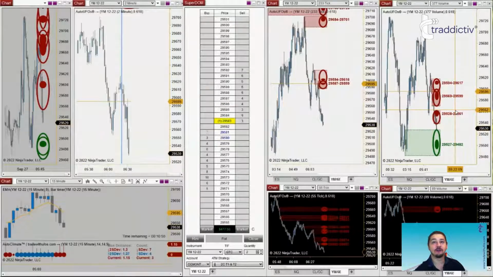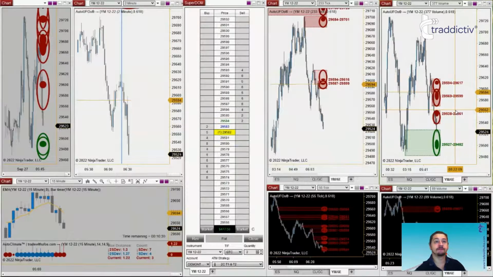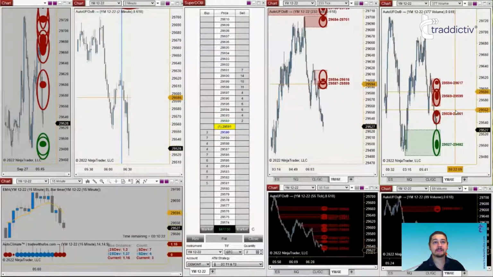All right, testing lower than where we closed. Let's see how this will play out. It's about 19 ticks away from where our T2 would have been. All right, 10 ticks away. It's a little confusing here.